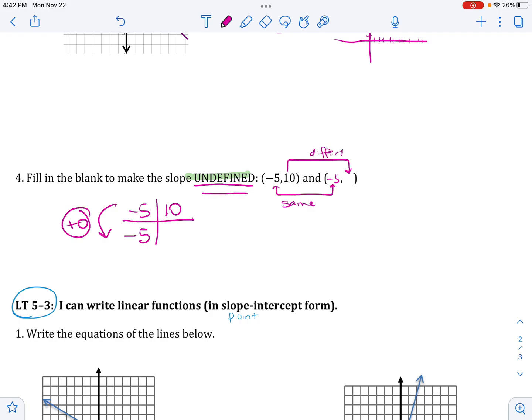Any number that you want, so I'm going to choose 20, and so voila, there's my undefined slope. An undefined slope would look like this. -5, 10 would be here, -5, 20 would be here, and so that line isn't going anywhere. This is an example of an undefined slope.